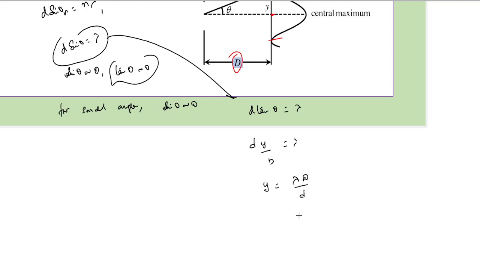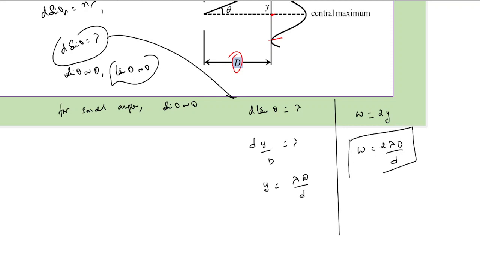This is what y is. But we need to find the width of the central maximum, and that width is equal to 2 times y. Therefore w is equal to 2 lambda D by d. This is the width of the maximum.